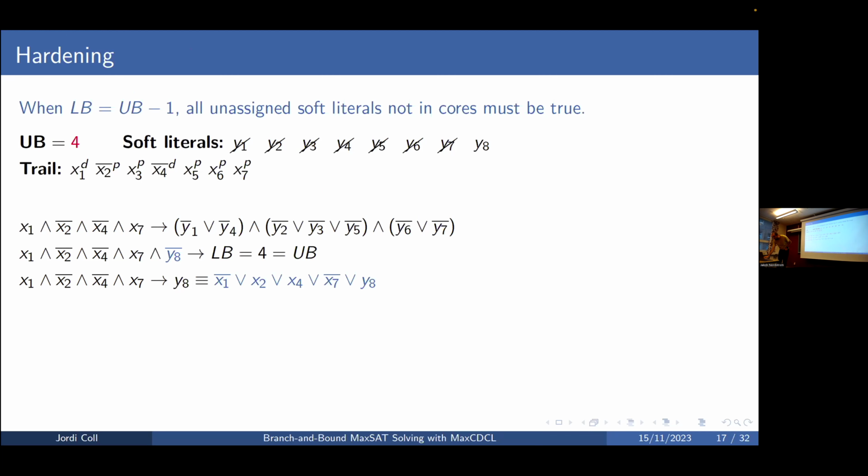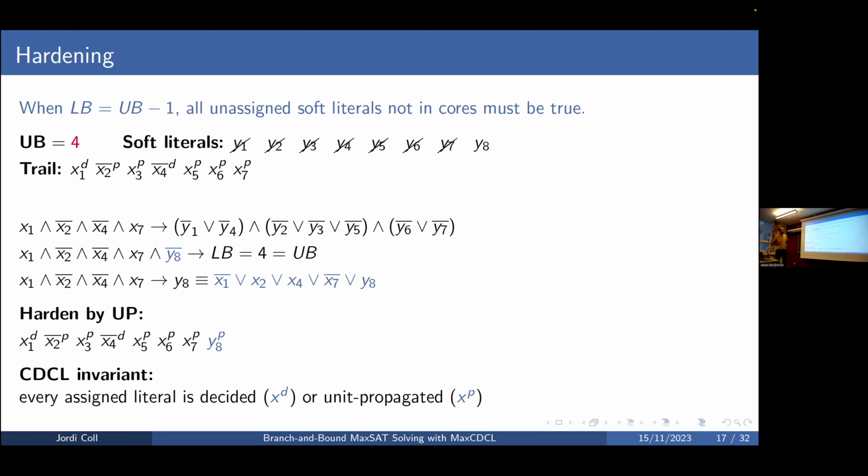Important point of this clause: if it is almost falsified by the current partial assignment, the only true literal is Y8, meaning this will trigger a unit propagation by the current partial assignment. So again, hardening is also integrated into the natural structure of a CDCL solver, meaning we only have decisions and propagations. These are the only reasons why we assign literals.